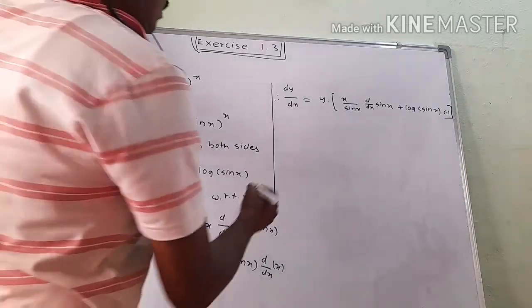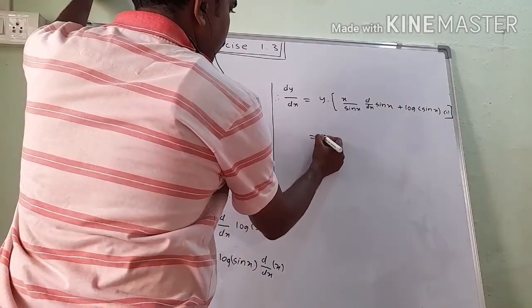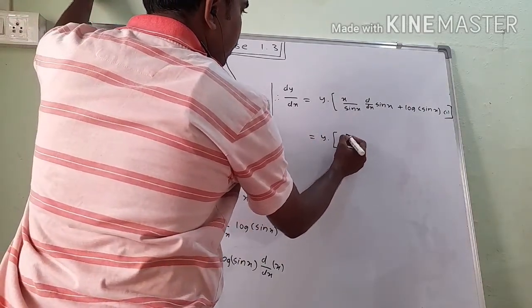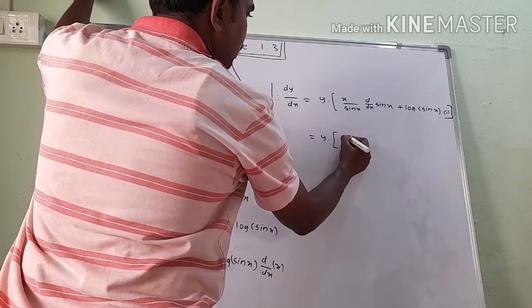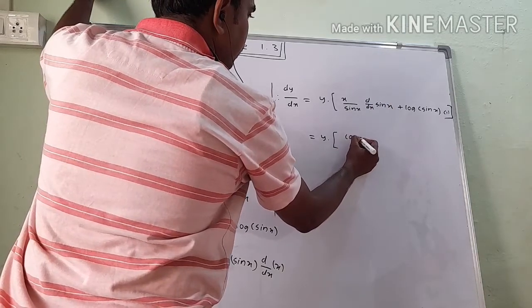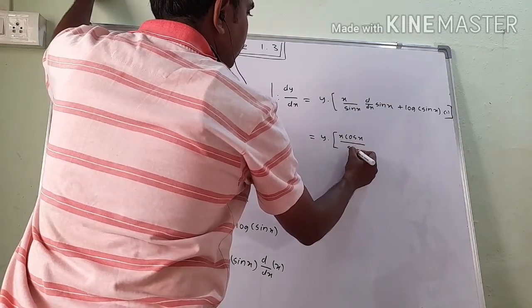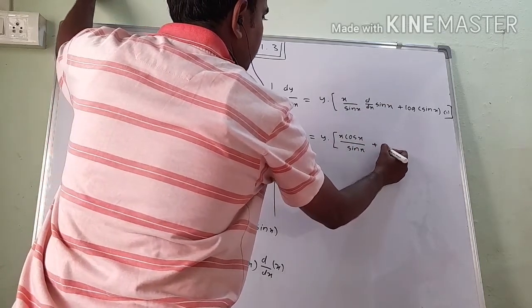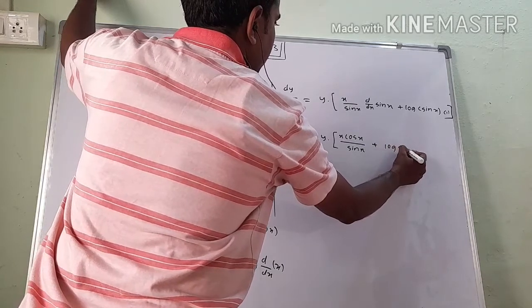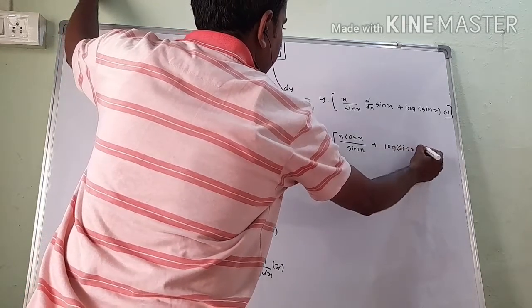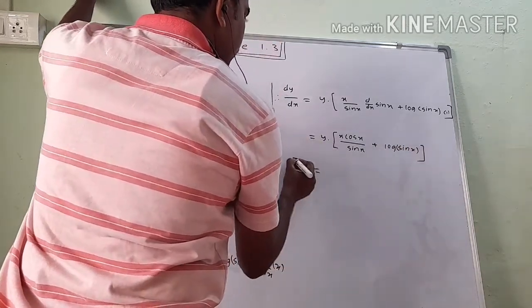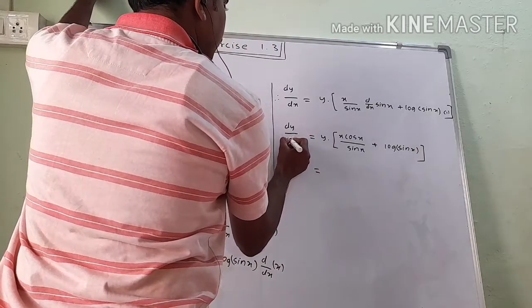Now write y into bracket, the derivative of sin x is cos x, and so here we get x into cos x divided by sin x plus log of sin x as it is. Now we will substitute the value of y.